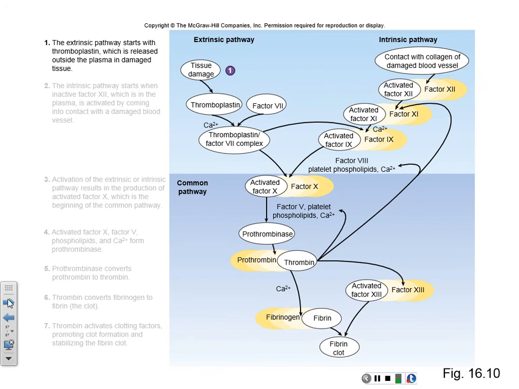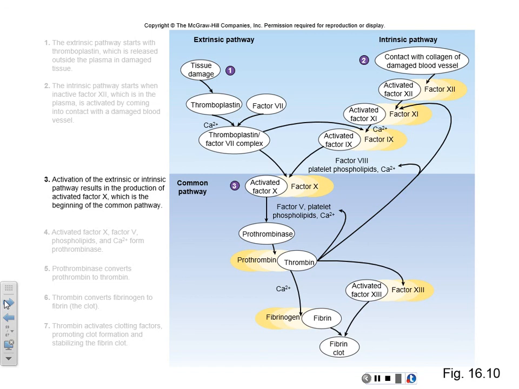So we said thromboplastin, extrinsic factor, gets activated outside of blood, the extrinsic mechanism, and then Hageman factor 12 in blood gets activated in the intrinsic mechanism. They converge in the activation of factor 10. Then it's now the common pathway. You get factor 10, factor 5, phospholipids, and calcium together forming prothrombinase. Prothrombinase is going to convert what? Prothrombin to thrombin.